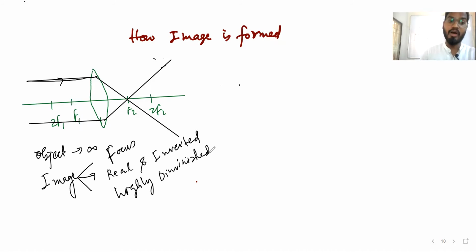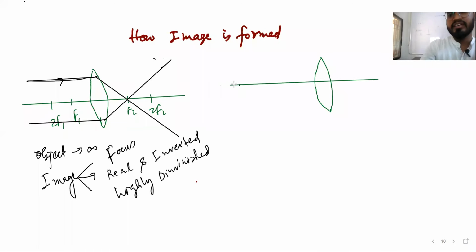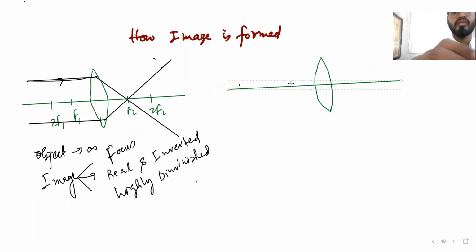Okay, so this is about the first case, right? If the object is beyond C, I'll tell you. Let's change the color, so it should be in the same color. It will be easy for us to understand. Again, now we can say optical center, F1 to F1, F2 to F2, right?